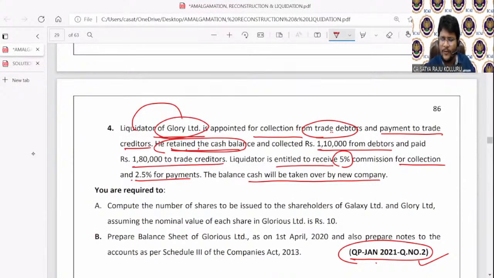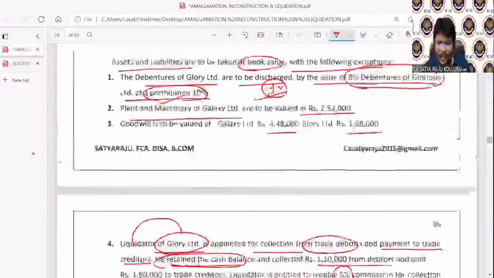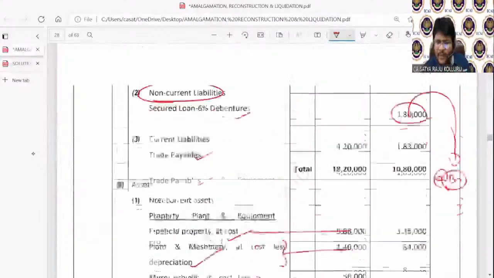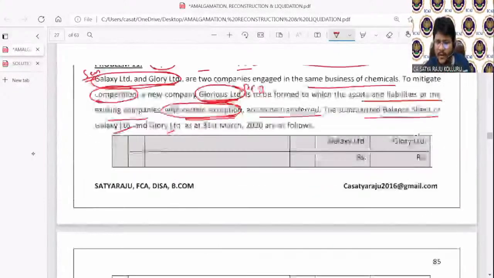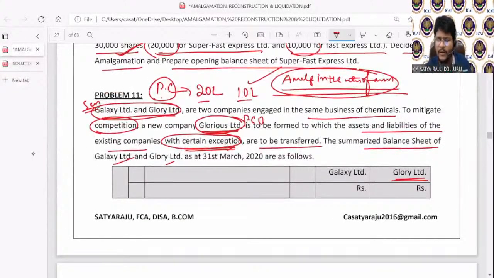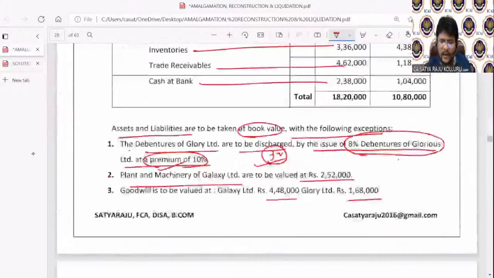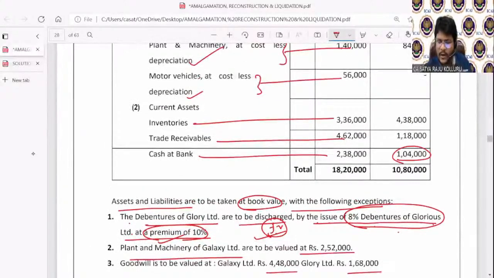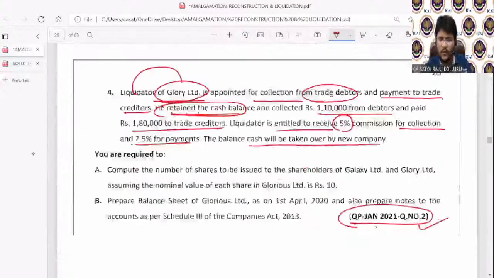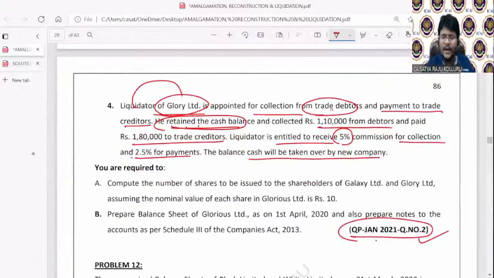Sir, all of you, please concentrate here. What is the existing cash balance of Glory Limited here? Where is Glory Limited? The right hand side part is Glory Limited. If you check, the cash balance of Glory Limited is 1,04,000. Now, in the hands of the liquidator, a 1,04,000 balance is there first. After that, he will realize cash from the debtors to the extent of 1,10,000.